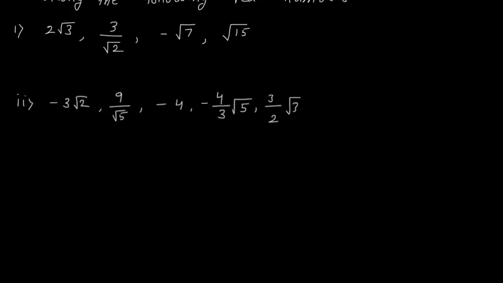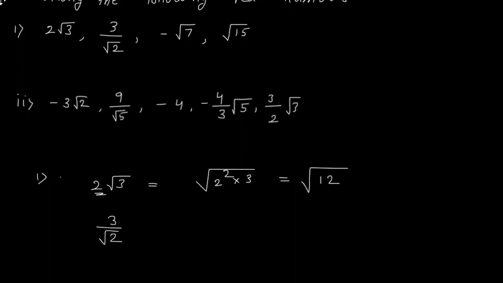Okay, so here what I will do, let me write these numbers again, or I will put all the numbers in root form. So for this first number, I will write 2 root 3 as root of 4 into 3. Now this 2, when it enters the square root, becomes 2 square. So I can write 2 square into 3, that is 4 3s are 12. 3 upon root 2 can be written as 3 upon root 2 multiplied by root 2 divided by root 2.